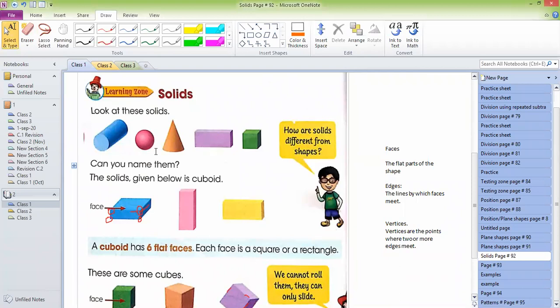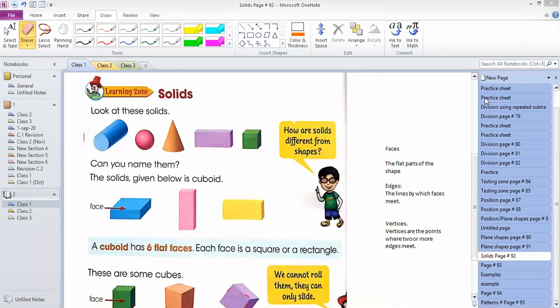You are telling me the properties of the different solids. Do you have any question? I did not get your question.